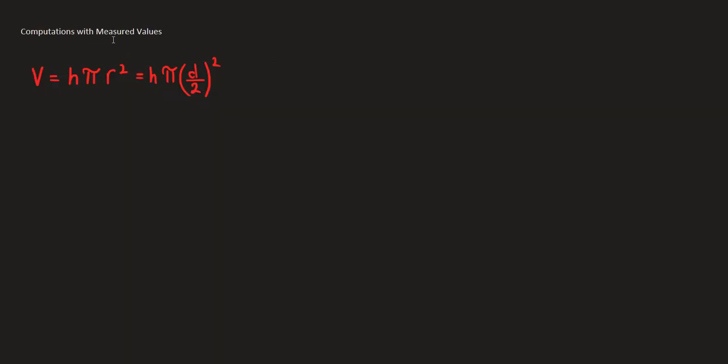Sometimes from a direct measurement, we need to obtain indirect measurements. For instance, remember this example, we have the volume of a cylinder, so we need to measure the height and the radius or the diameter in order to obtain this quantity. So, okay, but here we have an uncertainty, and here we also have an uncertainty.